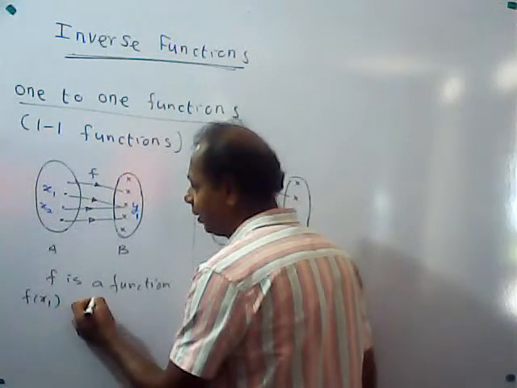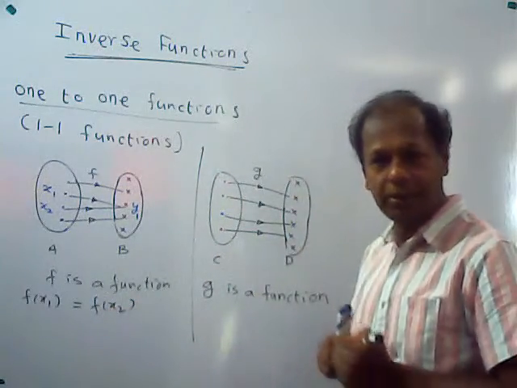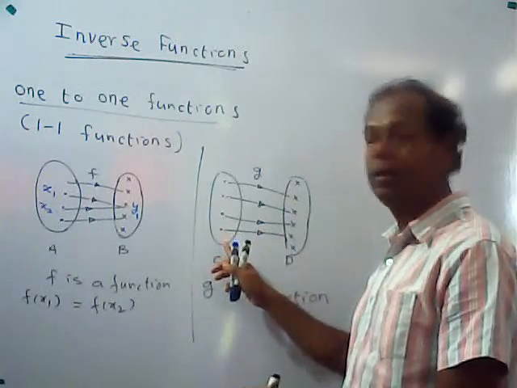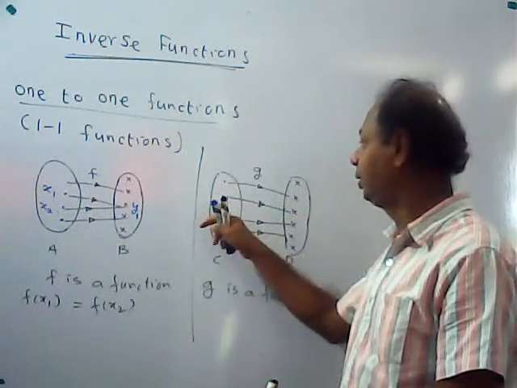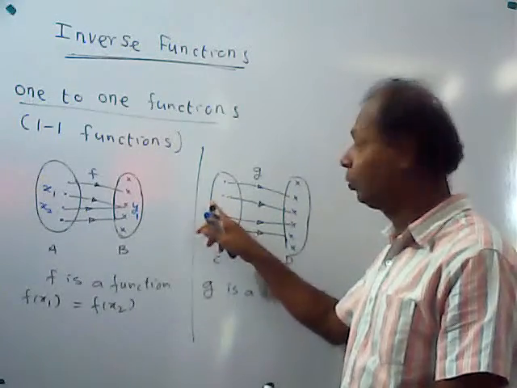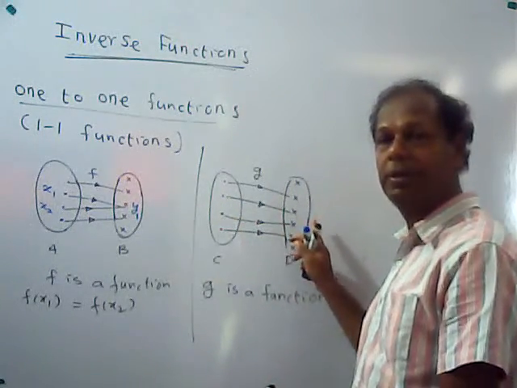So f(x1) and f(x2) are the same. But in this function, no two distinct elements map into the same.